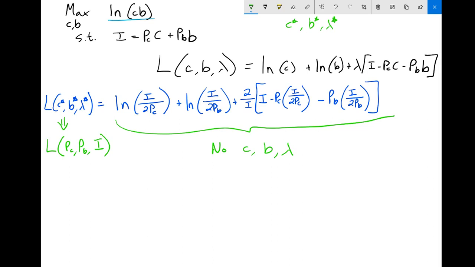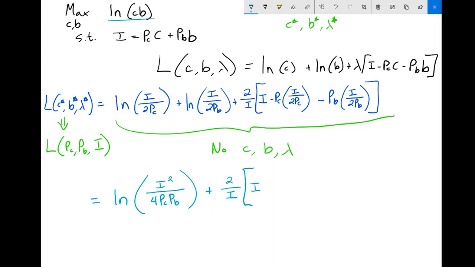Okay, excellent. All right, so now why don't we simplify this? Let's do some simplification. So first, let's put the natural logs together. Okay, and then let's do some simplification over here.